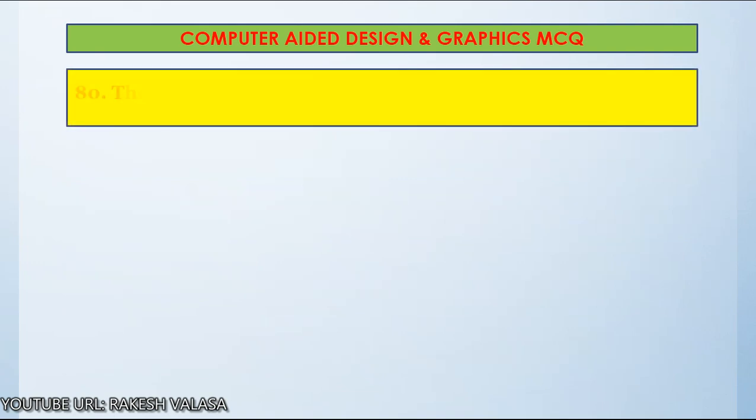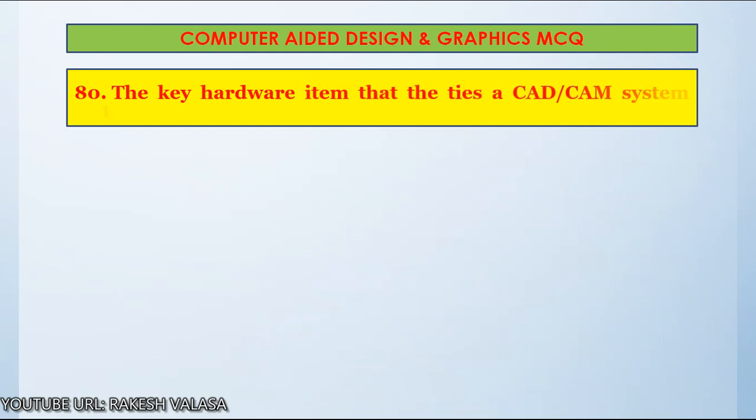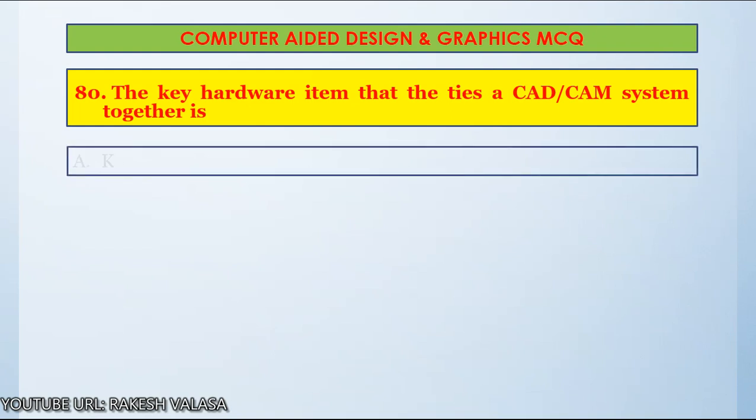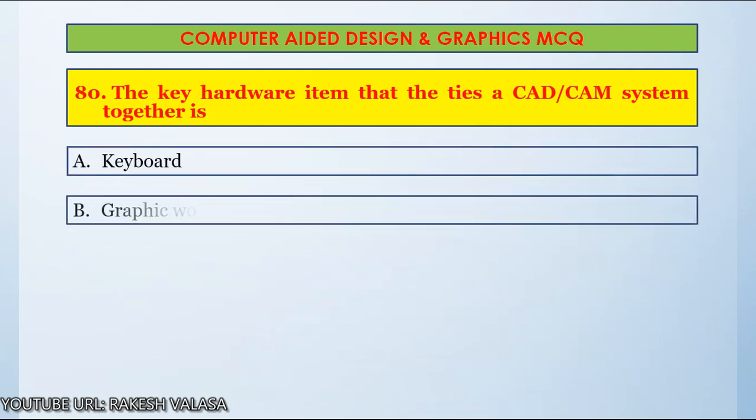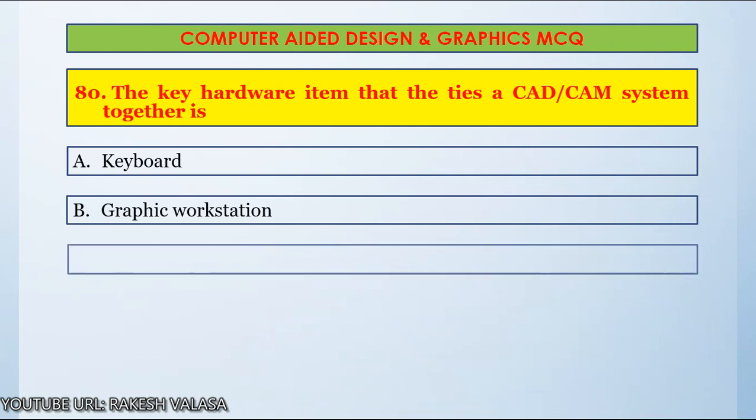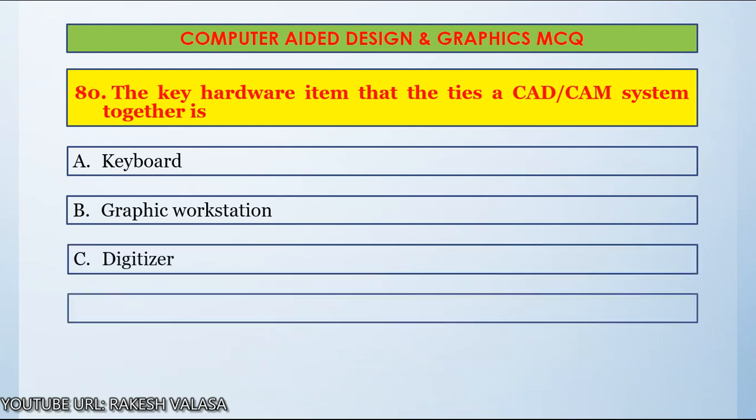Question number 80. The key hardware item that ties a CAD/CAM system together is option A keyboard, option B graphic workstation, option C digitizer, option D plotter. Let us count down start.